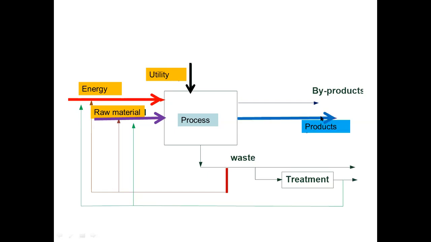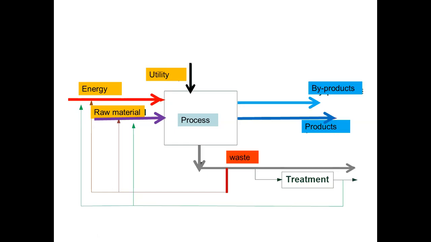Then products are produced, and also there are byproducts, and there is waste. Waste can be gaseous waste, liquid waste, and solid waste. The waste is emitted into the environment. Air is emitted into the environment, and wastewater is discharged into the environment if they are not toxic.